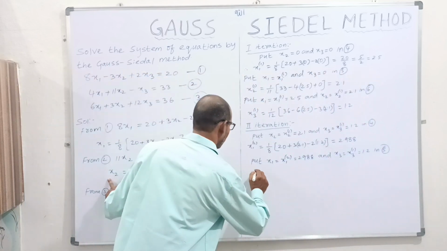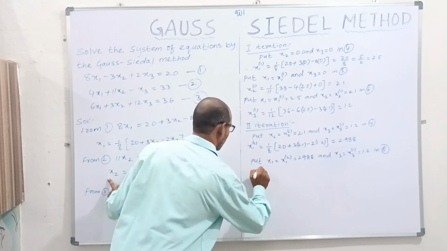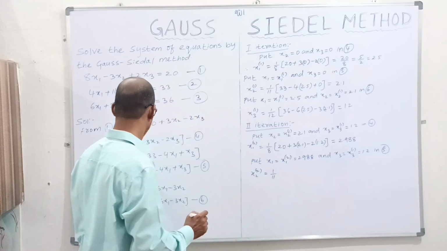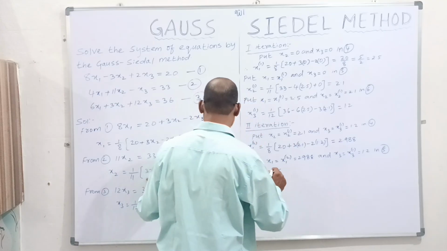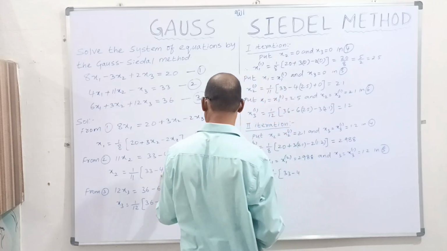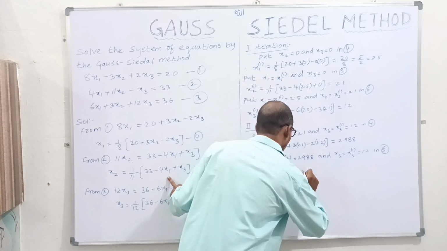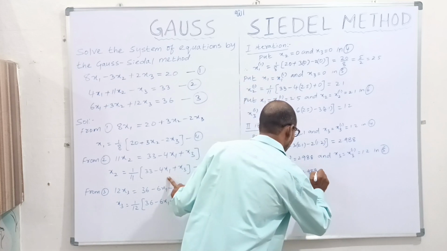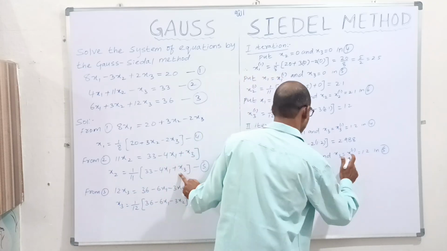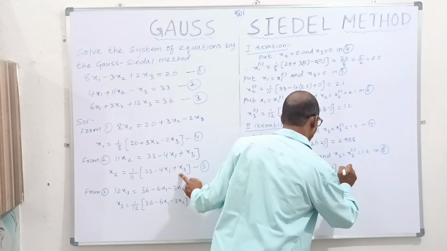So x2 is equal to 1 by 11 times (33 minus 4 into x1, where x1 here is 2.988, plus x3, where x3 here is 1.2).